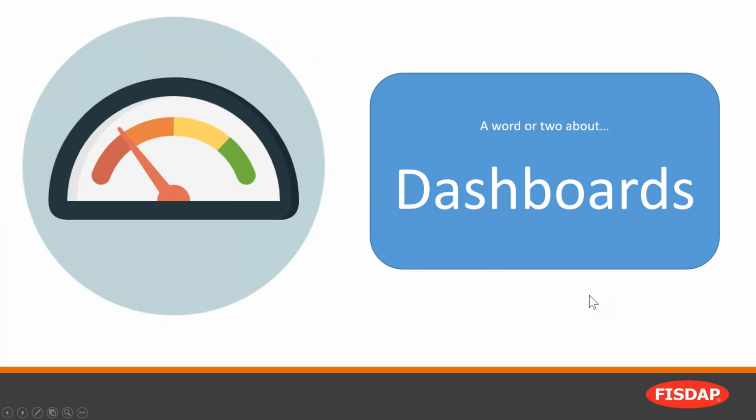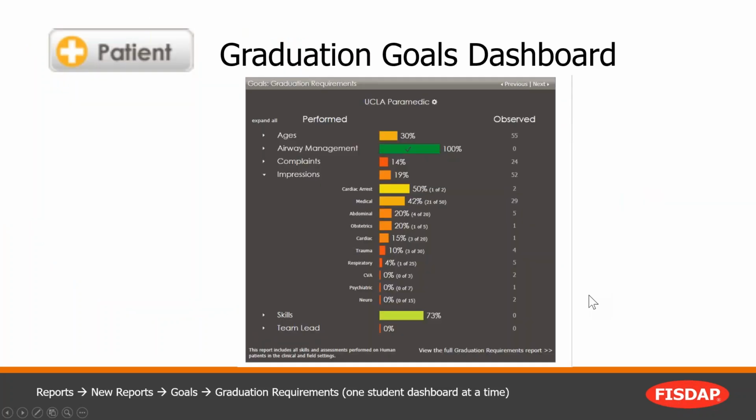So the students are going to see their progress on dashboards, and I thought it'd be important to just quickly say, careful. These dashboards get confusing if you don't really know your way around them, and programs have started to use them as if they were graduation requirements.